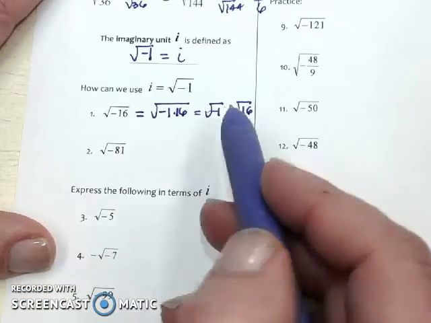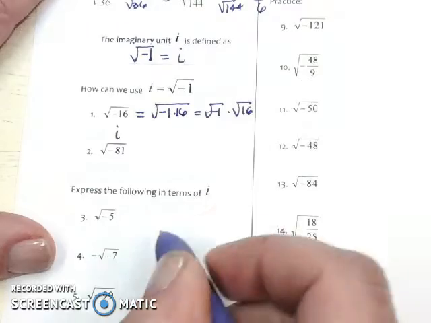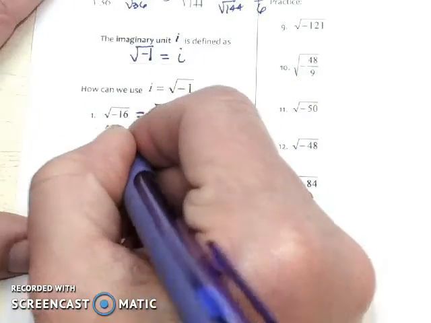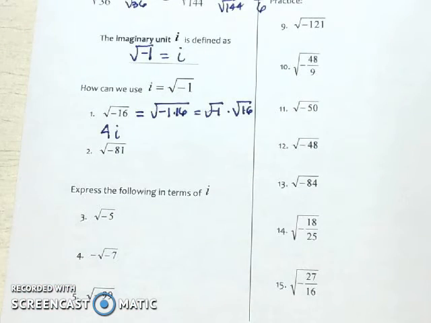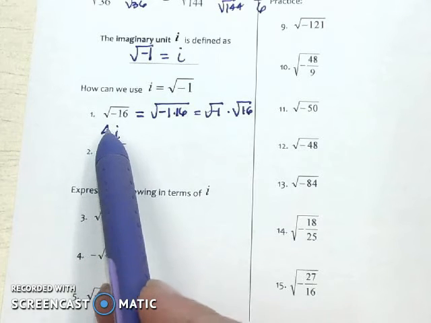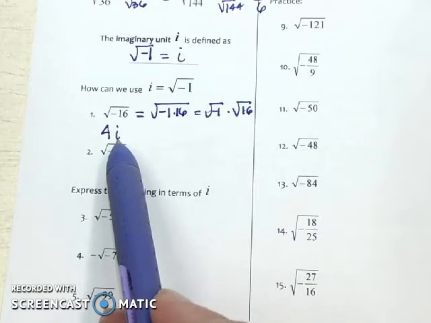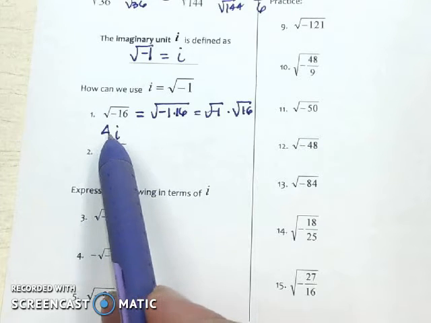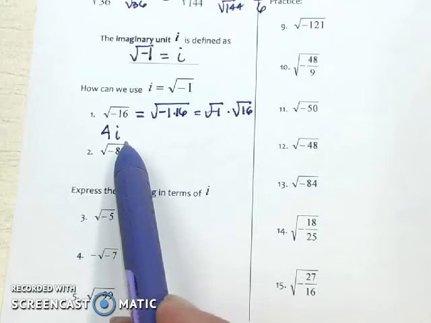And the square root of negative 1 is i, and the square root of 16 is 4. And to put it in standard form for imaginary numbers, it's kind of like having a coefficient on a variable. The i is not a variable, but we're kind of treating it that way because you want the number out front, the i behind the number.